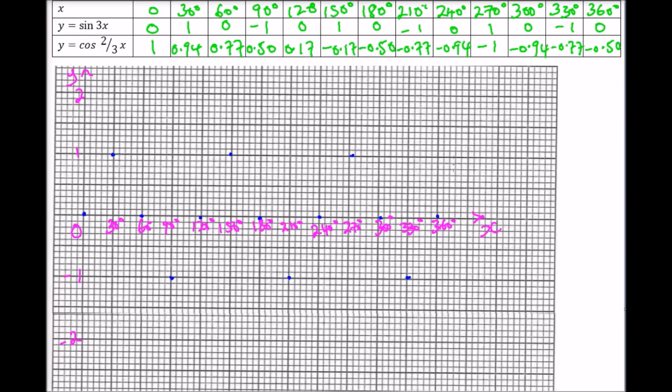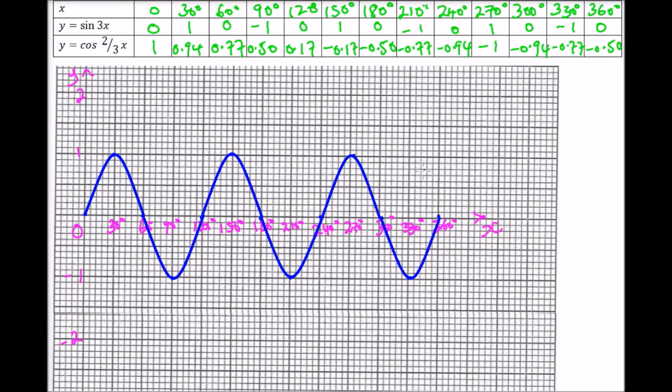So we are going to join these points to come up with the graph of y equals sine 3x. You draw this graph using your free hand, and you remember to label your graph. So this is sine 3x, and from there we now move to the other function.